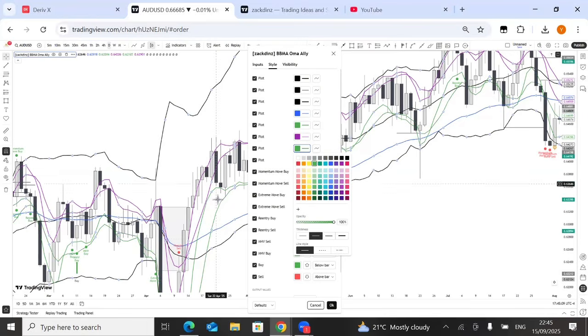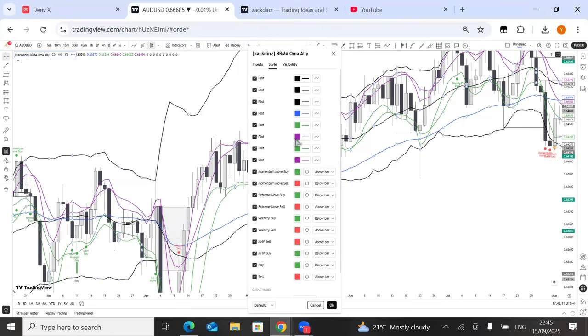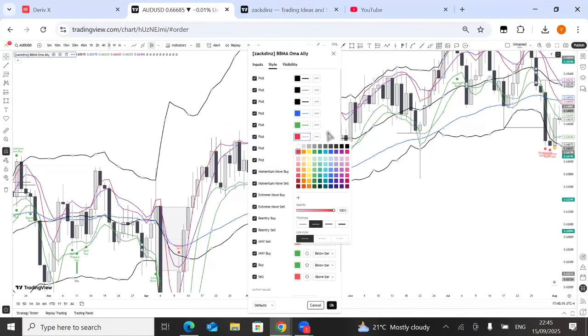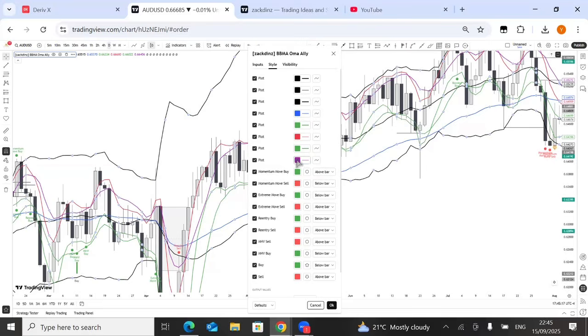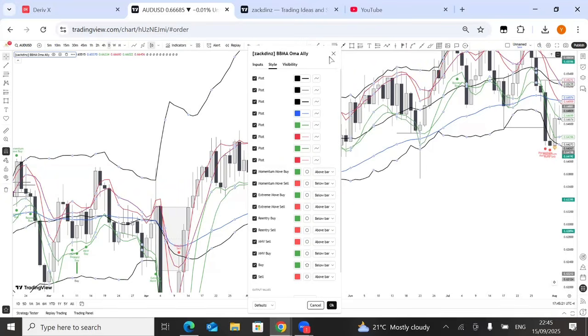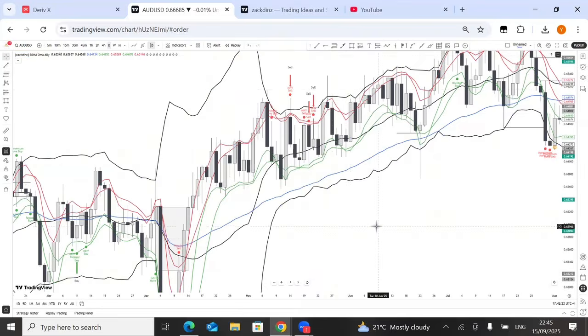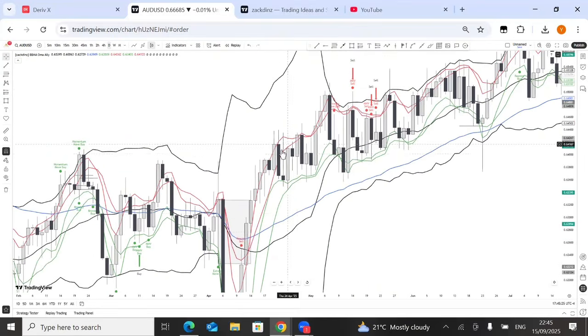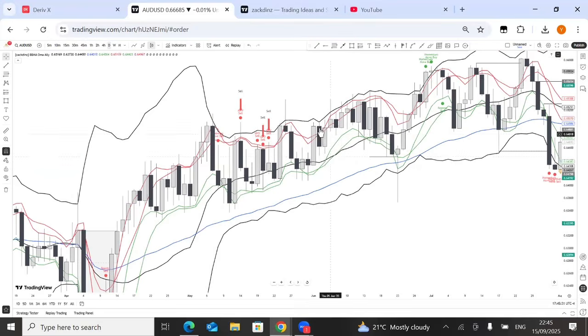I'm going to make the moving average 5 and 10 lows green and the moving average 5 and 10 highs red. The reason I'm doing this, in case you guys are confused, is that we sell when price is in the red zone and we buy when price is in the green zone. That's why I'm making them two different colors.